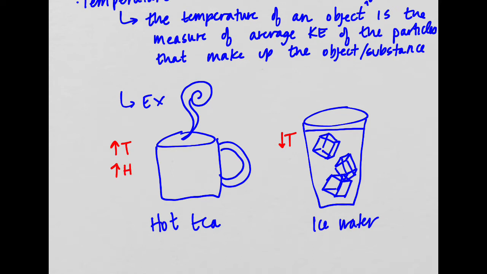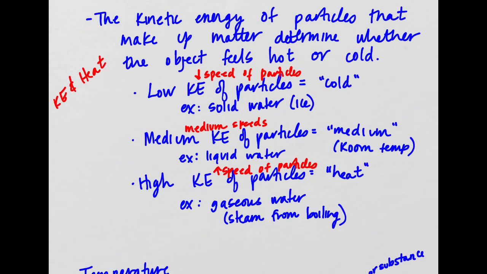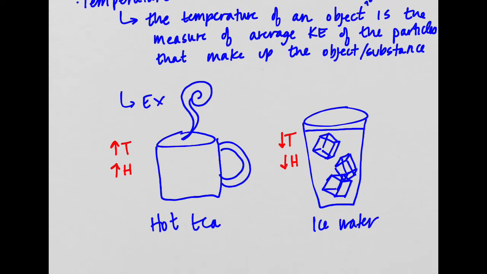If something has a low temperature, it has low heat. We know from the relationship we looked at above between heat and kinetic energy that when something has high heat, the particles have high kinetic energy. When something has low heat, or when something is cold, the particles have low kinetic energy.